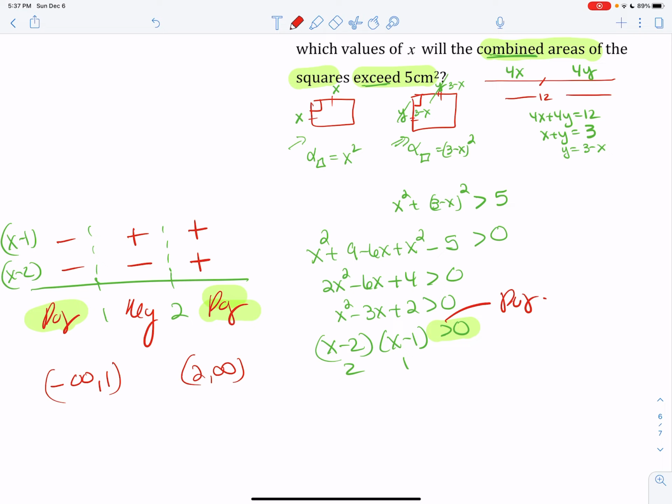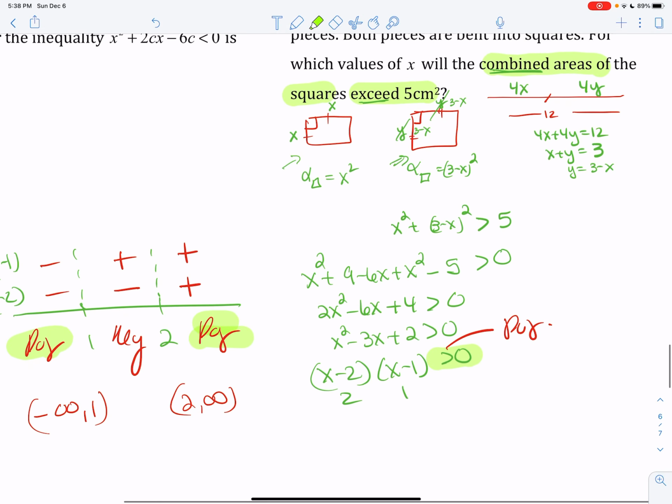But keep in mind, that was our x values, and we only have a limited space for our wire and our sides over here. If we come back using those critical key values, that 1 and that 2, I have that 4x and 4y.